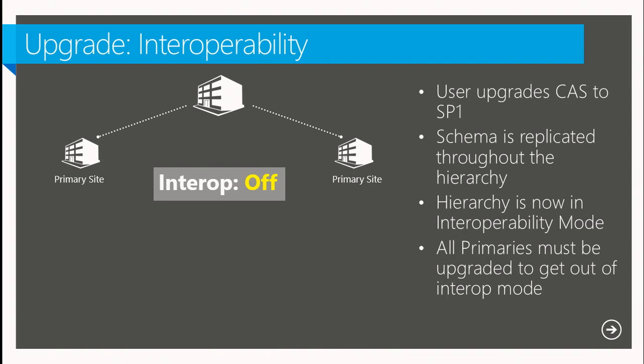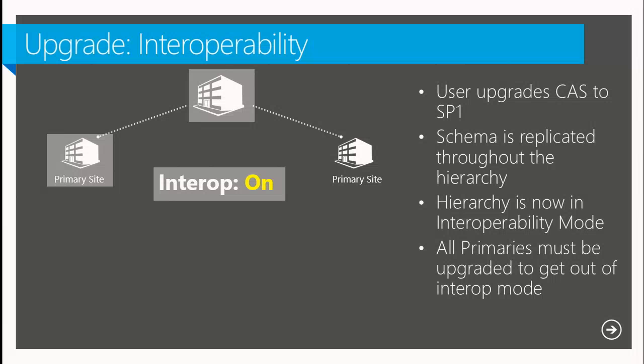So let's walk through it real quick. Once the user upgrades, let me take a step back. This is an RTM hierarchy that you see on the screen before you. The moment that we upgrade that central administrative site, interop comes on. And once again, what that means is that you can't create any of the new SP1 functionality. Even after I've upgraded one of the primary sites and I went to that primary site UI, I might even be able to see an object, but if I tried to create it, it would say, hey, you're in interop mode.